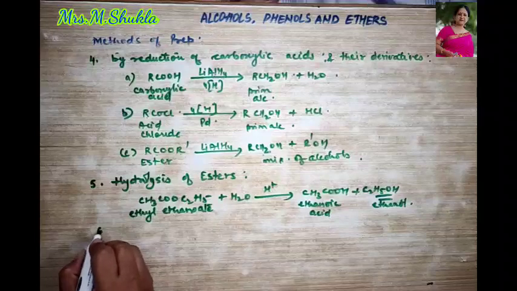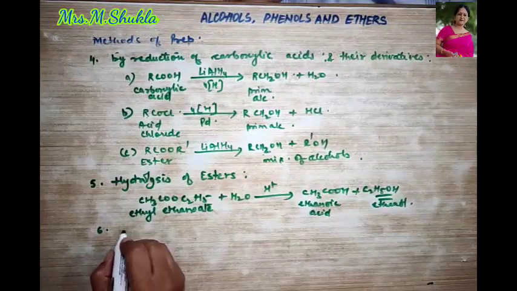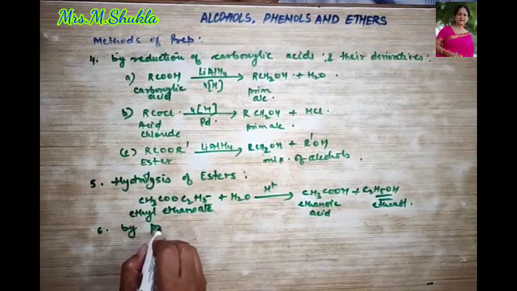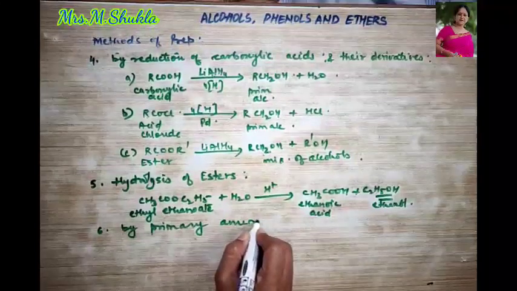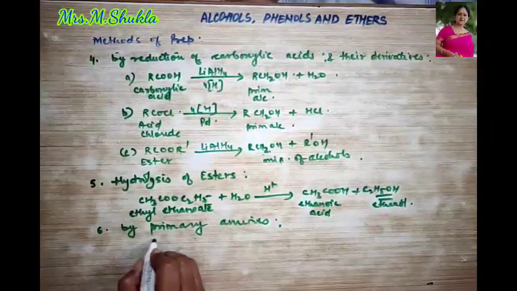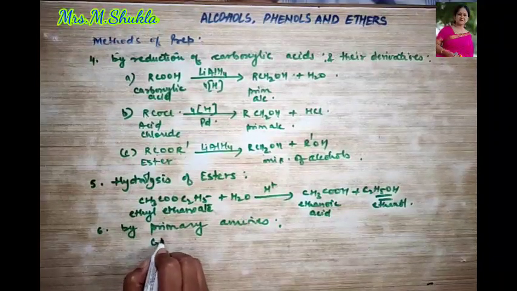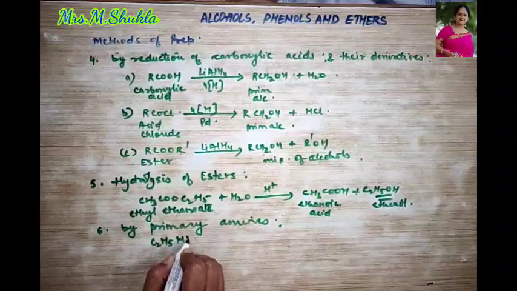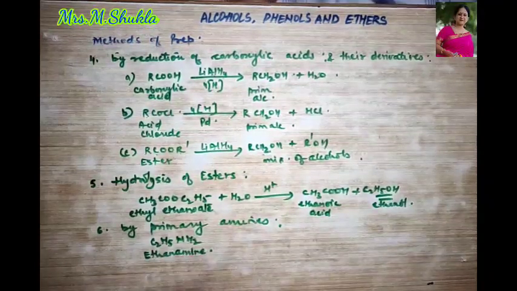Then next we come to preparing the alcohol from primary amines. So what are primary amines? Primary amines like, for example, C2H5NH2. This is called ethanamine.